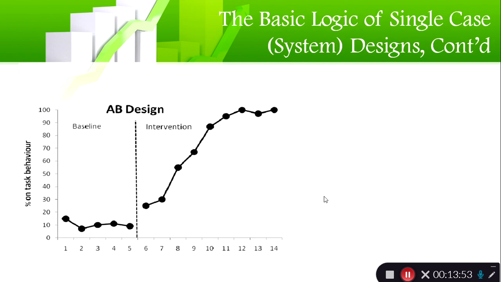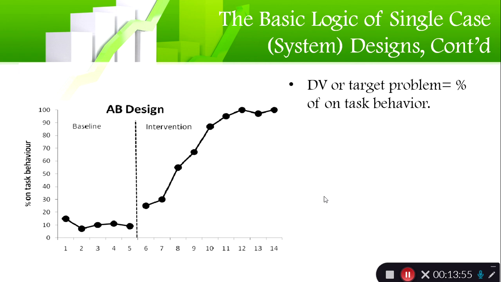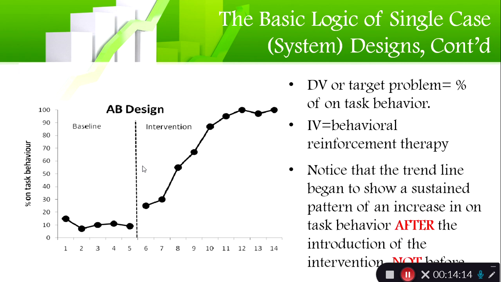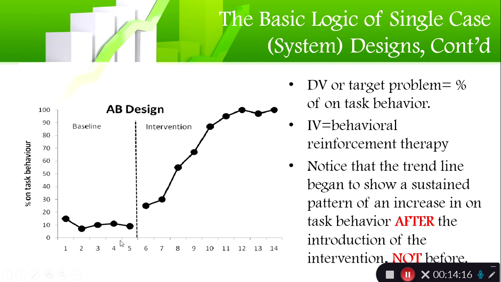And so we see here in this example, our dependent variable is on this axis here, and our dependent variable is the percentage of on-task behavior. And then let's just say hypothetically that our independent variable or our intervention is behavioral reinforcement therapy. So we see here that at the baseline, we have a very low percentage of on-task behavior.